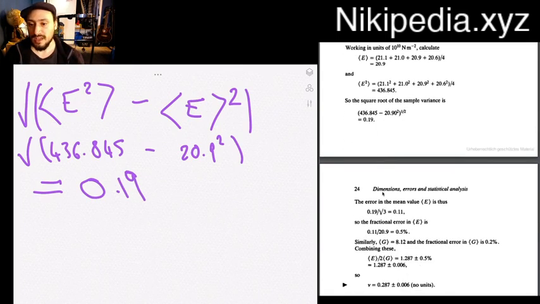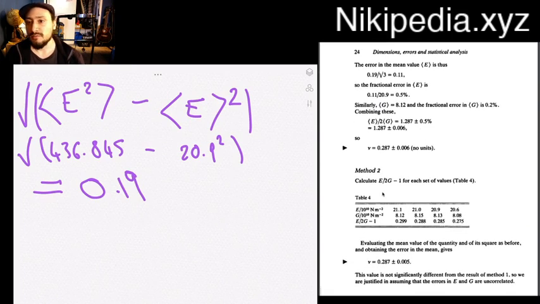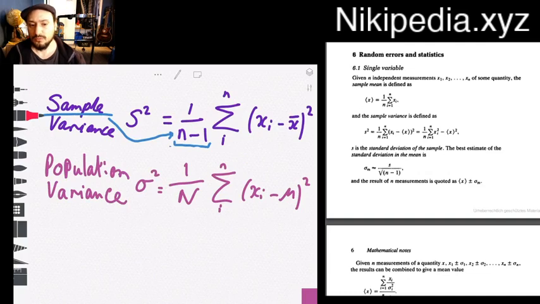So we can use that to calculate the error. The error in the mean of Young's modulus is thus 0.19 divided by root 3. So where does this divide by square root of 3 come from? Well, statisticians and sometimes physicists are evil. We have a formula here for the sample variance, defined as this formula here.